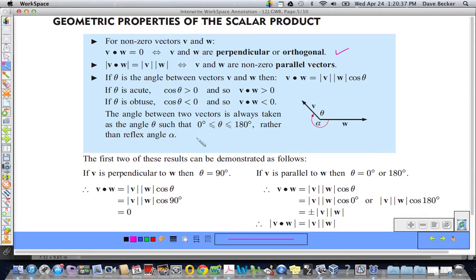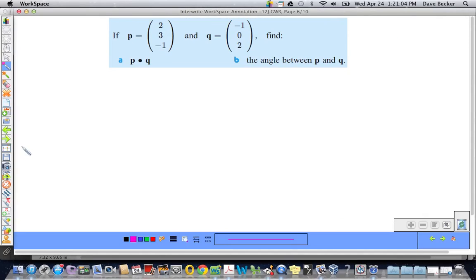This, in a nutshell, is saying that there are actually two angles between any two rays, as in Euclidean geometry, and there are two angles with vectors. But when we say what's the angle between two vectors, we're talking about the one between 0 degrees and 180 degrees inclusive, not the greater angle that is out there. So lots of verbiage out of the way there.